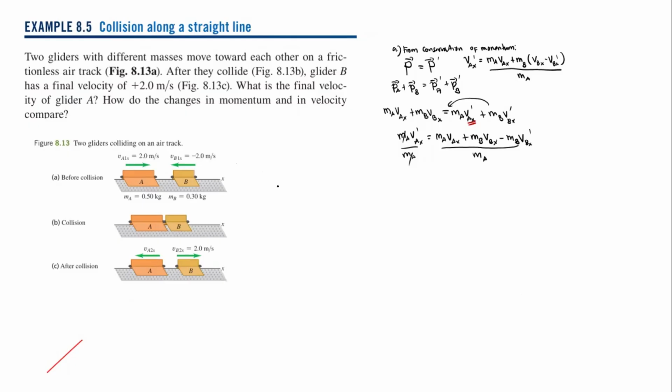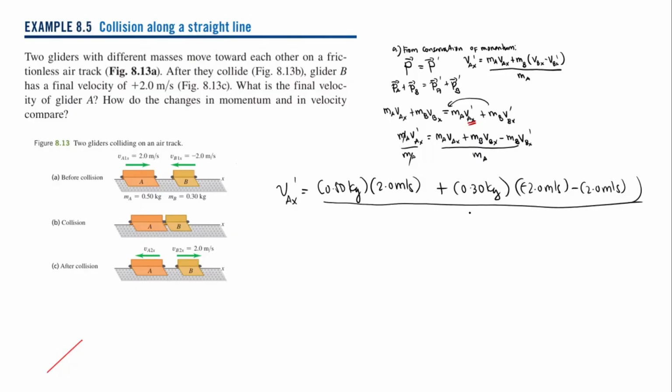Okay, here, our final velocity AX prime is equal to the mass of A, which is 0.50 kilograms, times the initial velocity, plus the mass of B times the initial velocity, minus the final, which is 2.0 meters per second, over 0.50 kilograms.